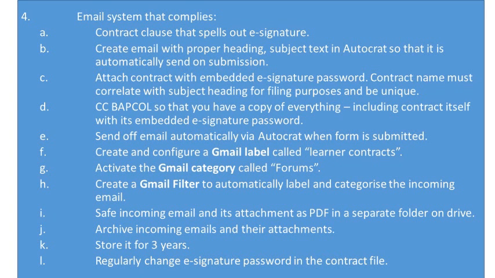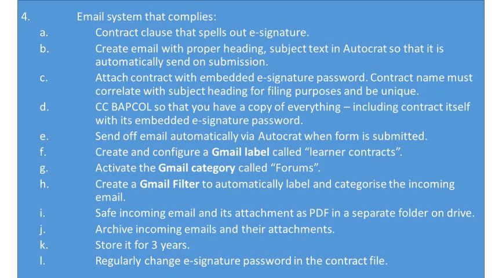We are now at step number C, where you attach this contract file with its embedded e-signature password to the email and you send it away. But also remember to copy Bobcall or your own organization so that you have a copy of everything. And this includes the contract itself that is attached with this embedded password.